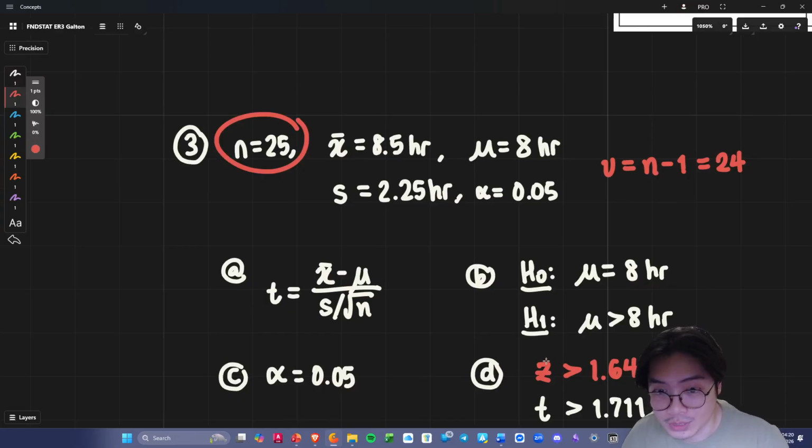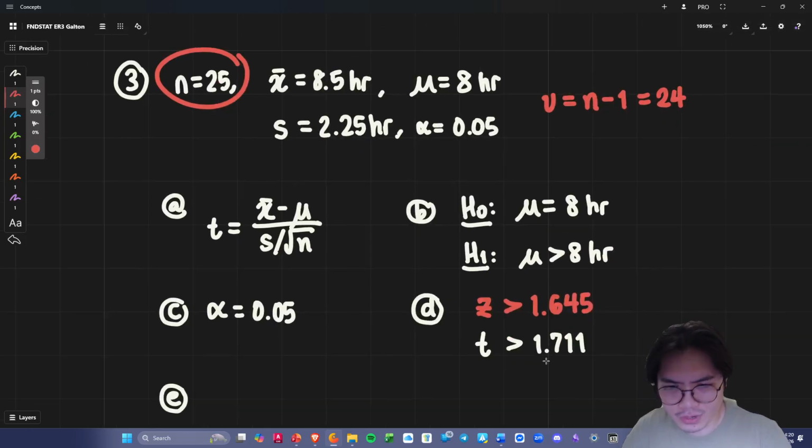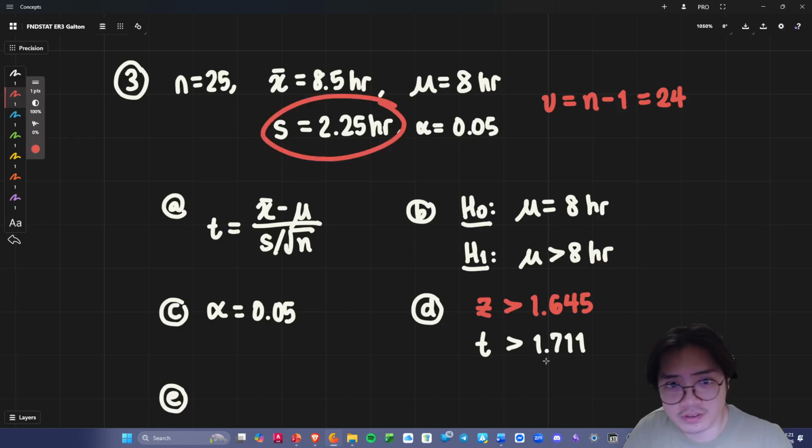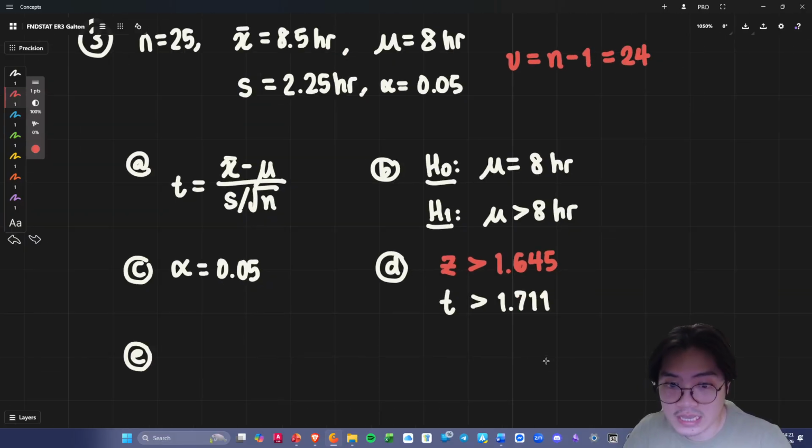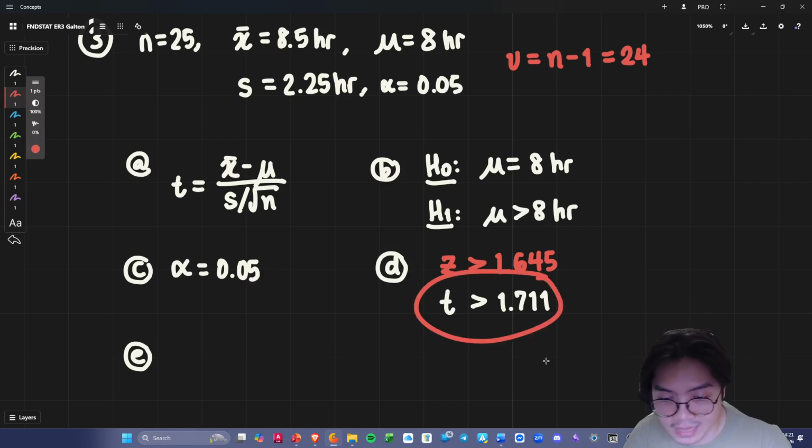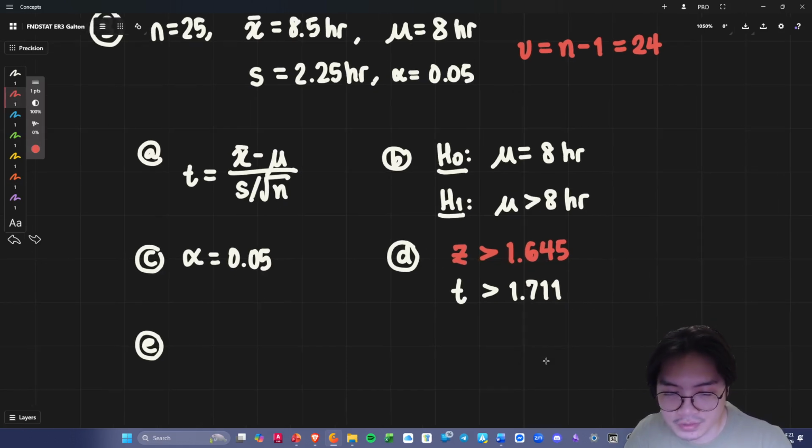You're going to have to account for that by being, in air quotes, more conservative. Notice as well that you're not even sure about the population itself. You only have the sample standard deviation, so you have to account for that uncertainty as well. This is what we'll be looking at: T needs to be bigger than 1.71.